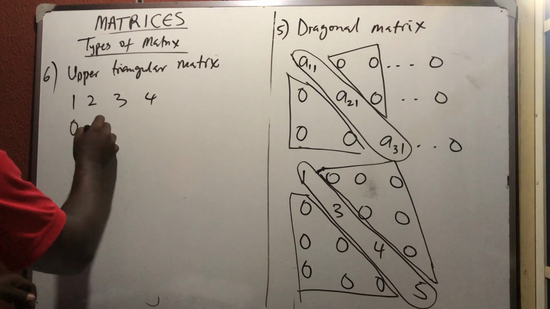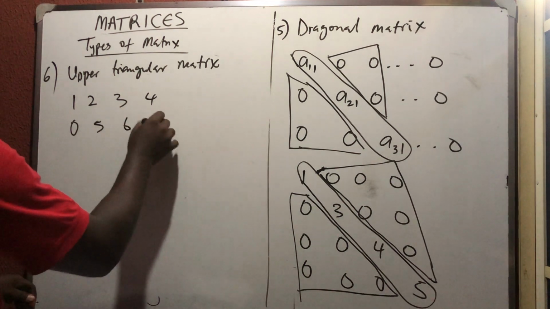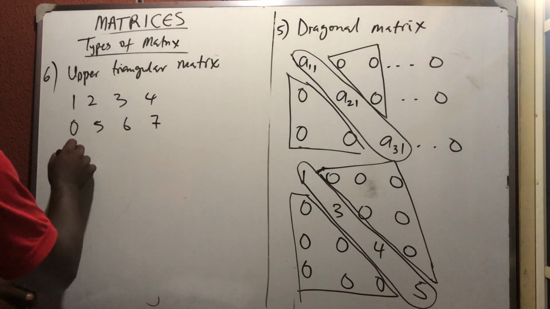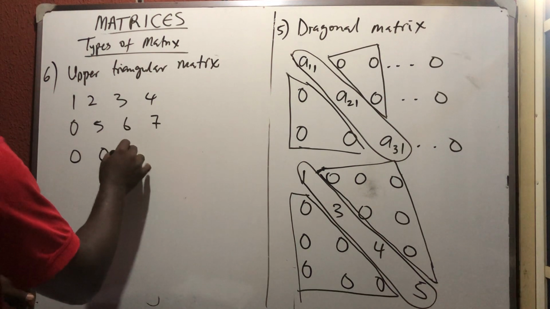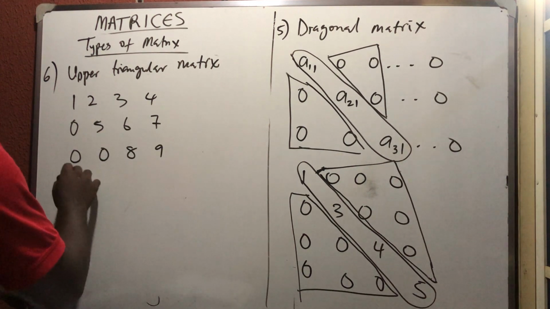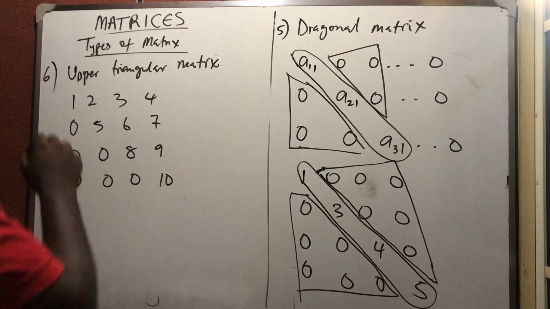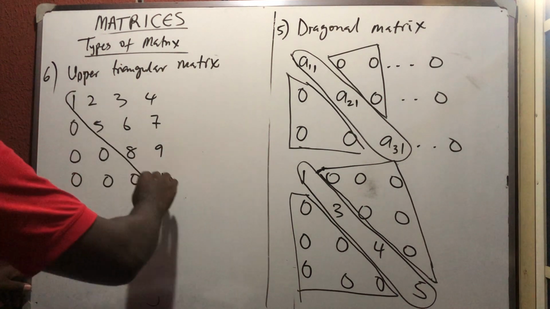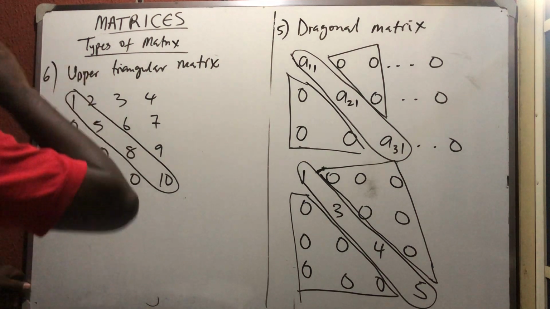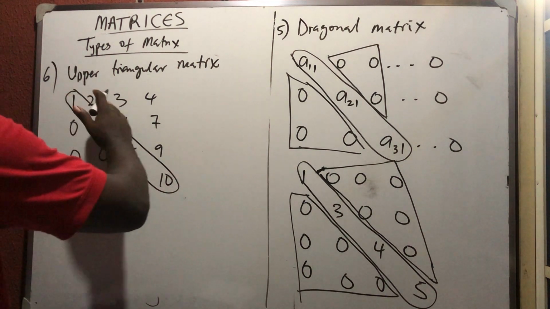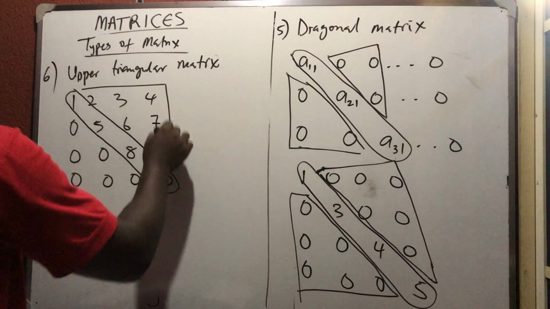Then 0, 5, 6, 7. Then 0, 0, 8, 9. Then 0, 0, 0, 10. If you look at this now, you see that the diagonals are numbers, and the upper triangular parts are equally numbers.